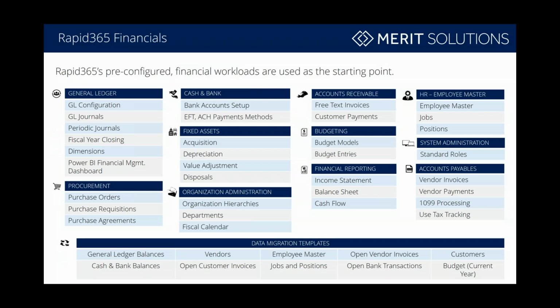So what do you get? For Rapid 365, we mostly have the financials completed. We actually just completed project management and accounting, so we've just added that to the solution, and we are in the process of putting a manufacturing light into the model as well.